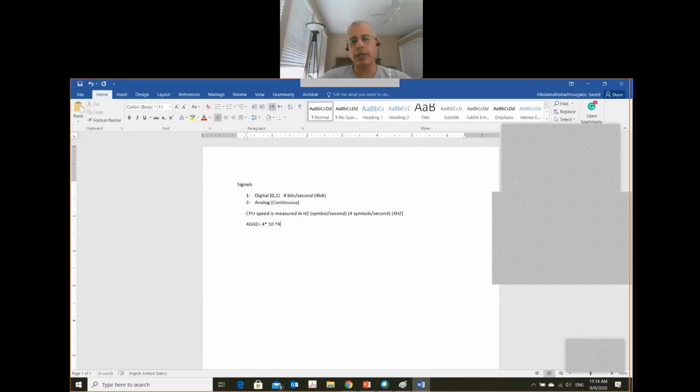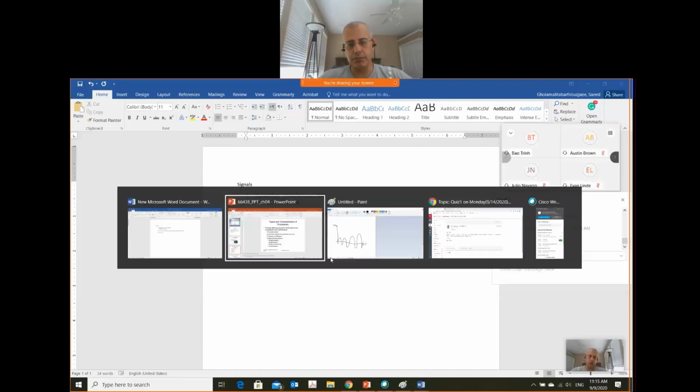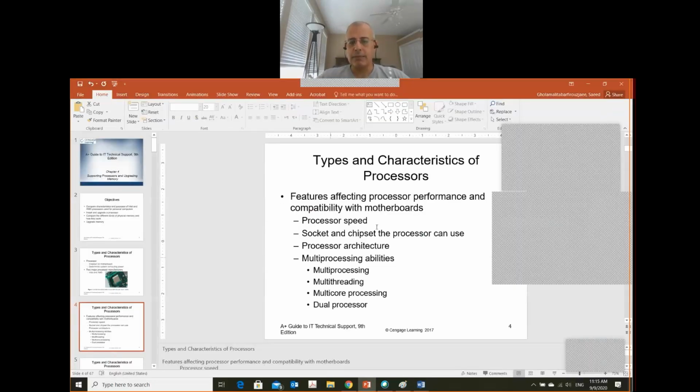Giga means 10 to the power 9. So this processor can process 4 times 10 to the power 9 symbols per second. That's the processing speed of that CPU. The next element is the socket and chipset the processor can use.